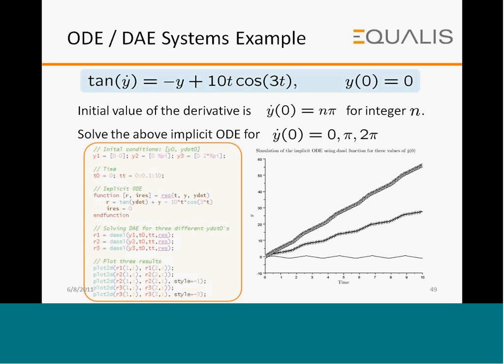So for these three initial conditions, I want to find what is y as a function of time. That evolution of y as a function of time is plotted in these graphs. And the picture on the left shows the few lines that is all it takes to write a Scilab program to solve a differential equation, what you have on this slide.